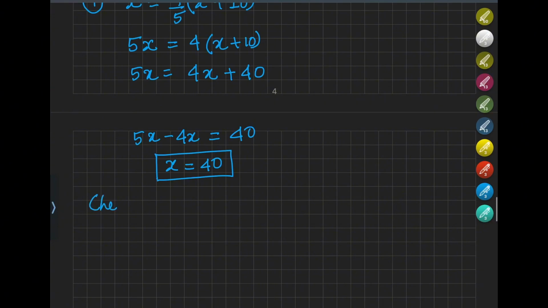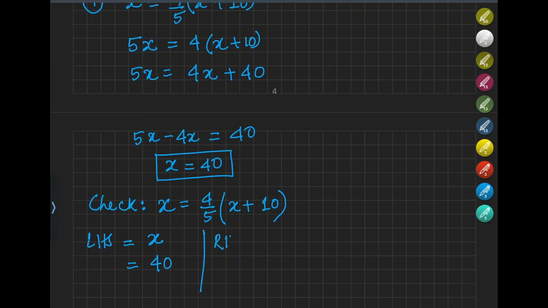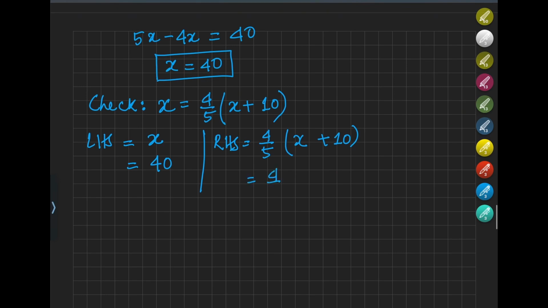Now let's do the check. Check: x is equal to 4 by 5 into x plus 10. In the LHS we have x, and the value of x is equal to 40. Then in the RHS we have 4 by 5 into x plus 10. So 4 by 5 into 40, plus 10.